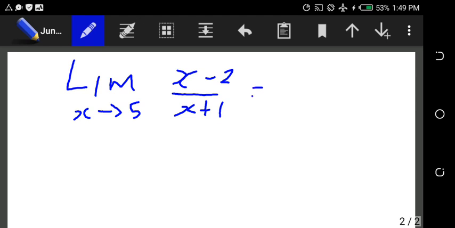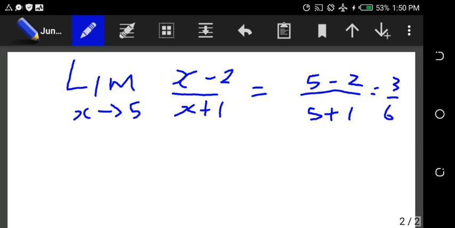Just like in the last example, we go ahead and make a direct substitution. So our x is being replaced by 5, so we're having 5 minus 2 in the numerator, and in the denominator we have 5 plus 1, and all together that will give us 5 minus 2, that's 3, and 5 plus 1, that's 6.